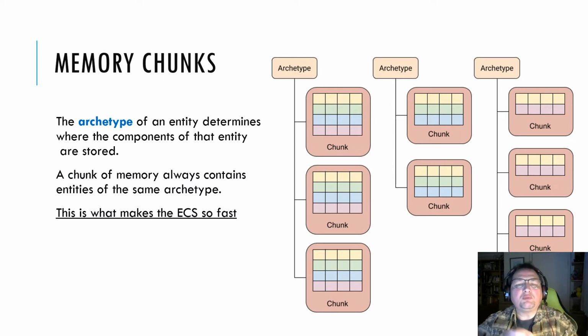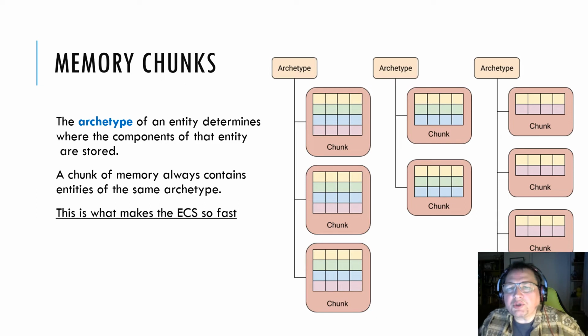And there is one more important thing: the archetype of an entity determines where the components of this entity are stored. Everything in a single archetype is stored in a continuous chunk of memory. If it gets full, then another chunk will be created.